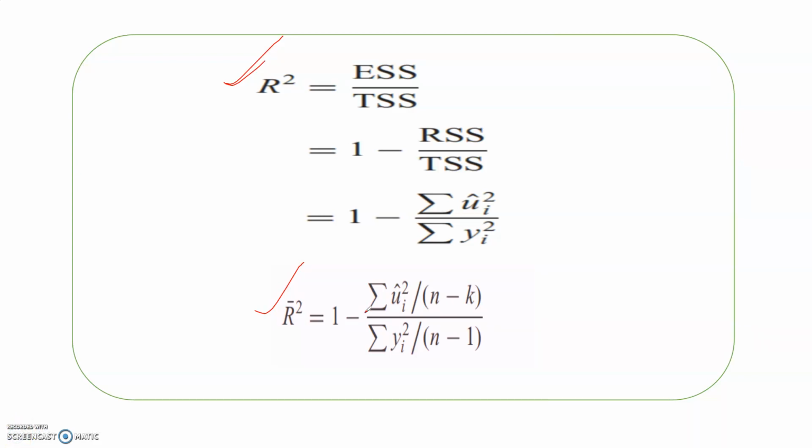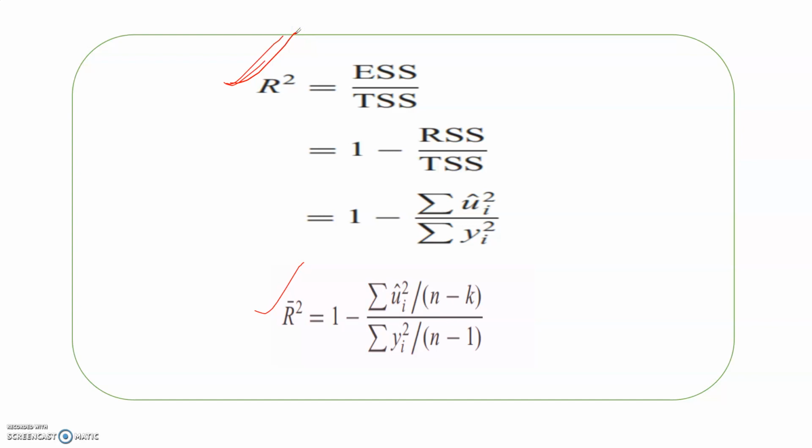Now one interesting feature is that adjusted r square can be negative. The value of adjusted r square can turn out to be negative, and if it does, we take its value as 0. But r square is always non-negative.